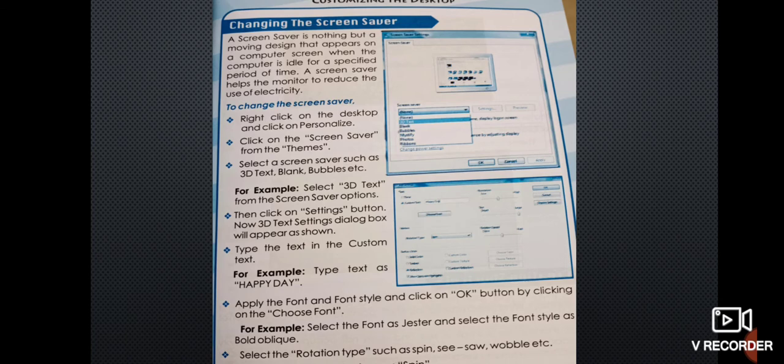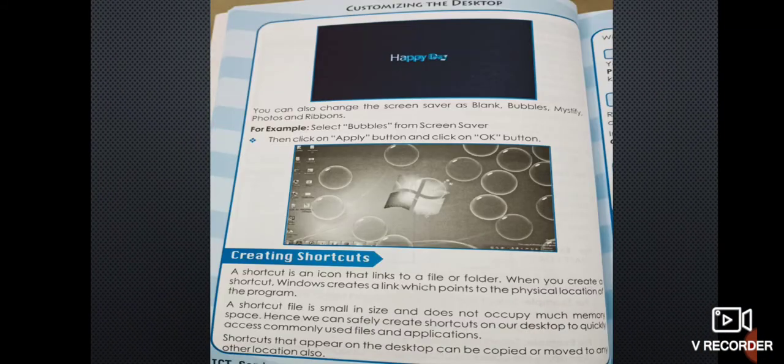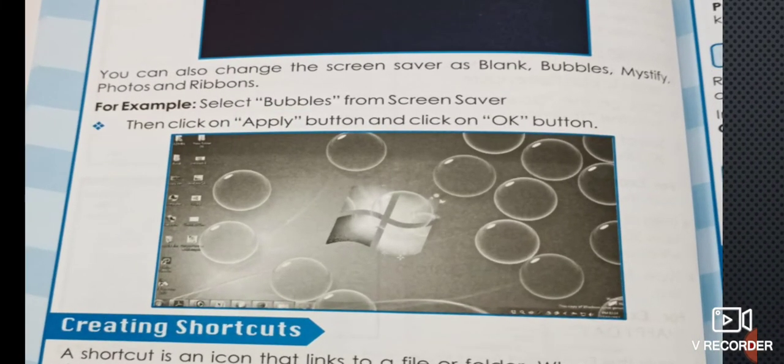First right click and choose the option called personalize, then click on themes, click the screensaver, and this dialog box appears. You can choose either 3D text or blank or bubbles. In this way you have to change your screensaver.